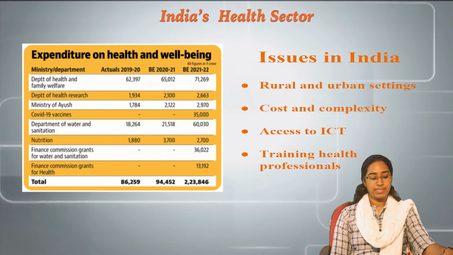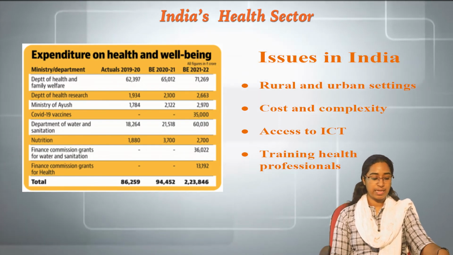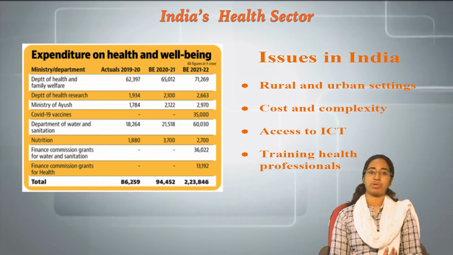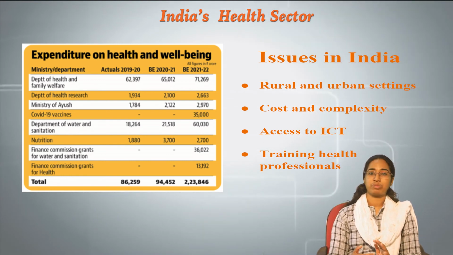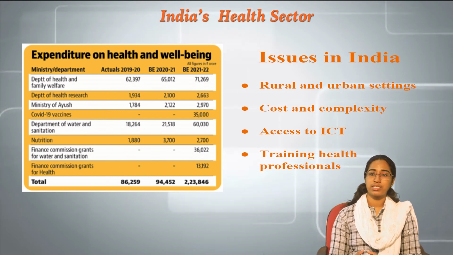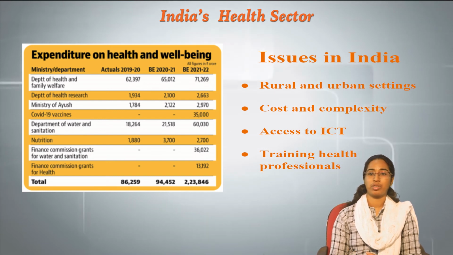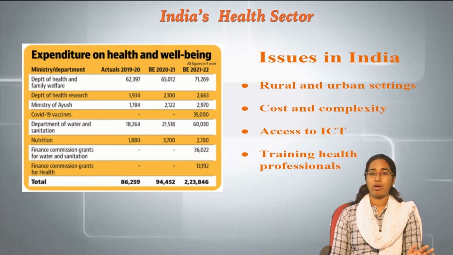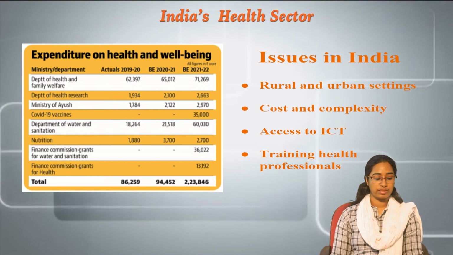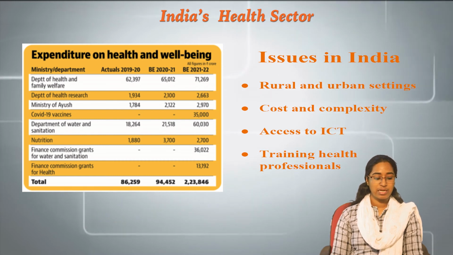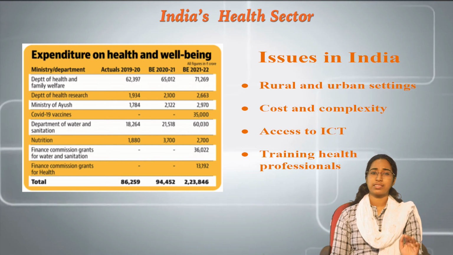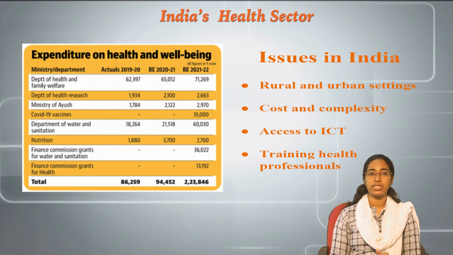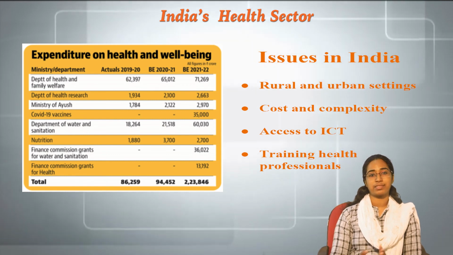So, coming to the barriers, we have to discuss India's health sector. It has been undergoing progressive changes, that is, from rural to urban settings, in cost and complexity, technological growth, and training of health professionals. But even though these sectors have been undergoing progressive changes, we have seen a great increase in expenditure on the health and well-being of India's health sector over the last 3 years.